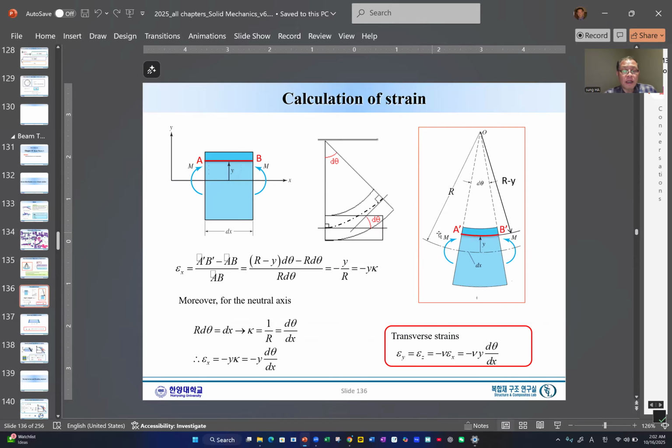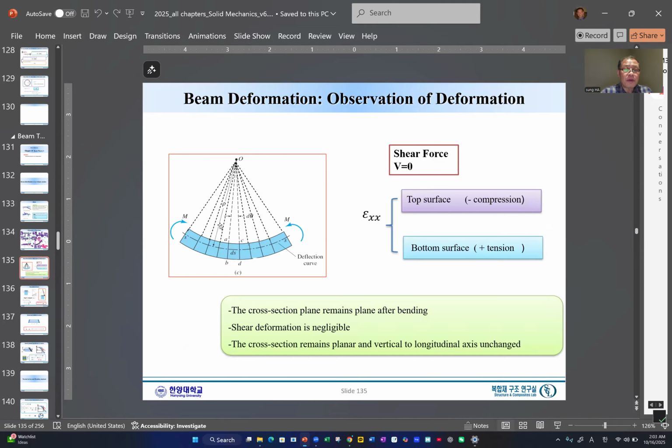Now, this is the equation describing the strain due to the beam deflection assumption. I would say this is a long beam, but let's assume we pay attention to a little part of it.